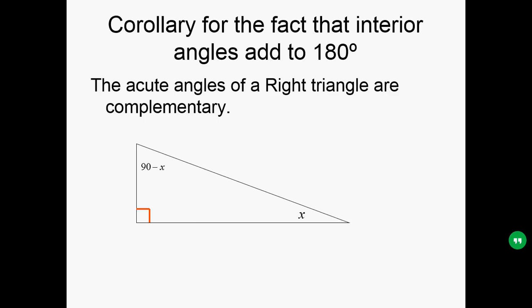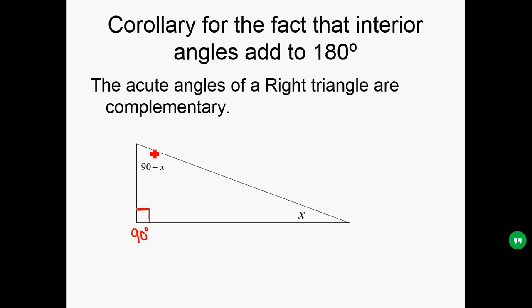Now the corollary for the fact that interior angles add up to 180: the acute angles of a right triangle are complementary. So what does that mean? When I have a right triangle, I know that this angle down here in the corner is going to be 90 degrees.